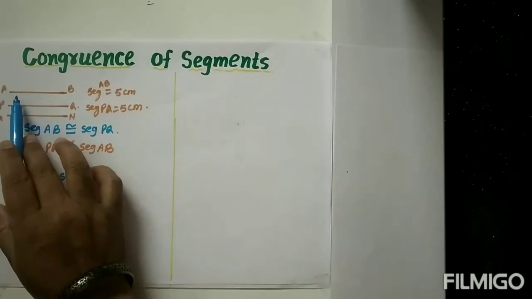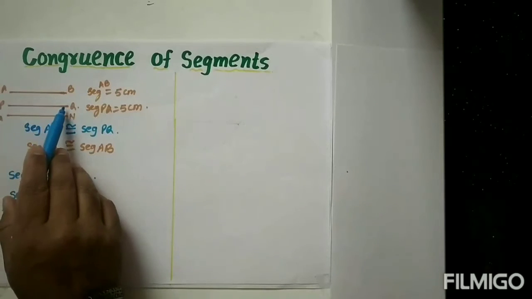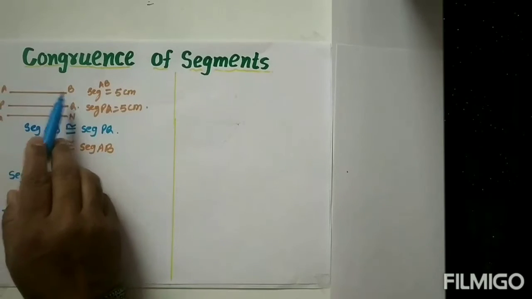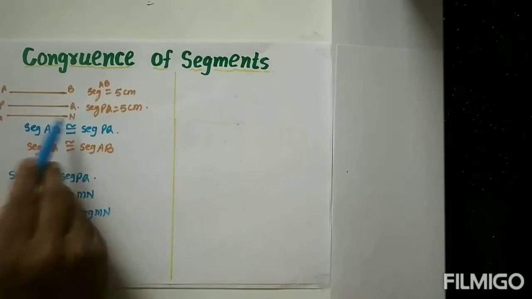Okay. Means segment AB is congruent to segment PQ, PQ is congruent to segment MN. Means segment AB is congruent to segment MN.